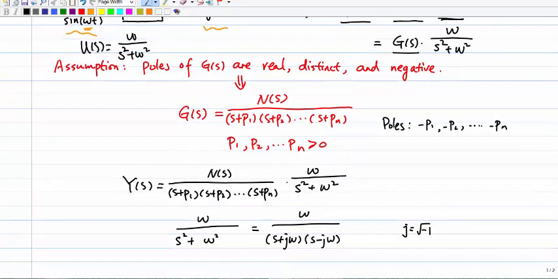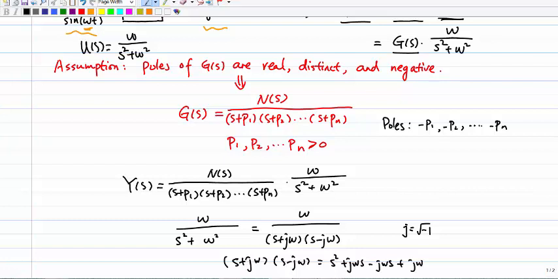We can also write w divided by s squared plus w squared as w divided by (s plus jw) times (s minus jw), because j is the square root of negative 1. If you multiply (s plus jw) times (s minus jw), you get s squared, plus jws, minus jws, minus (jw) squared.